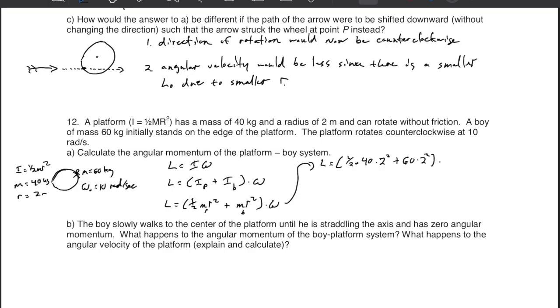We take 1/2 times 40 times 2 squared plus 60 times 2 squared, add those up, and then multiply by 10. We get a number close to, I think, 3,200 kilogram meters squared per second. Just got to check it in the calculator.